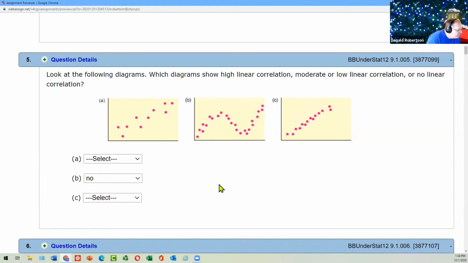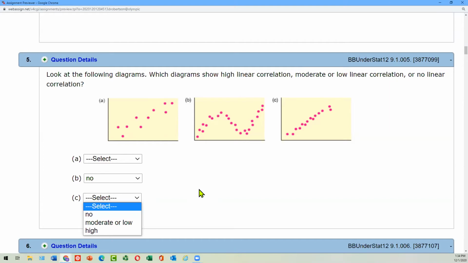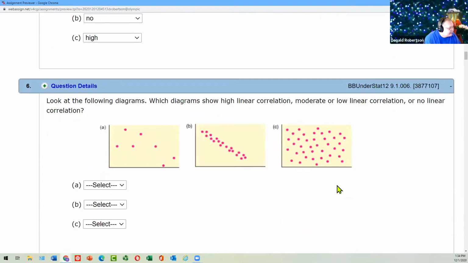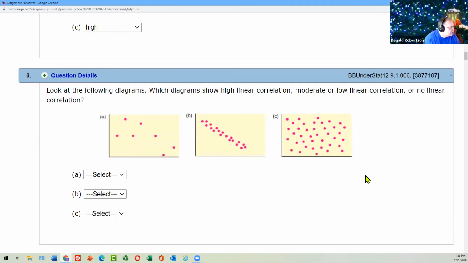Okay, moving on then. Let's pick one. What do you think C is? Here are the choices for C: high, moderate or low, or none. What do you think? High. That would be great. Let's pick B. No, moderate, or high.